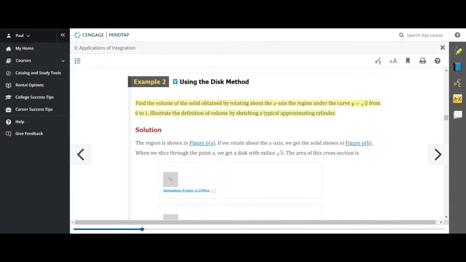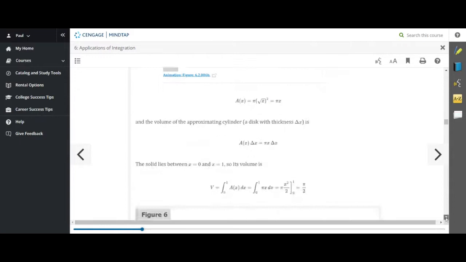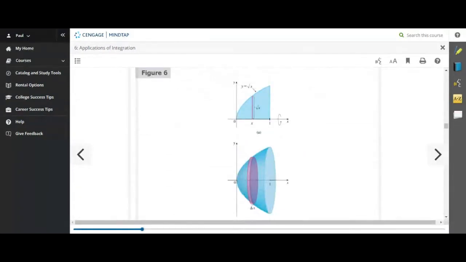Okay, let's go ahead and get an idea of what this volume looks like. We're taking the function y equals the square root of x and rotating it about the x-axis. So here in figure 6, there's the function y equals the square root of x, you are limiting that function between 0 and 1, and you're taking that blue region and rotating it about the x-axis, like a rotisserie chicken, right?